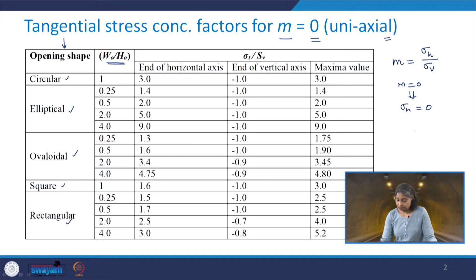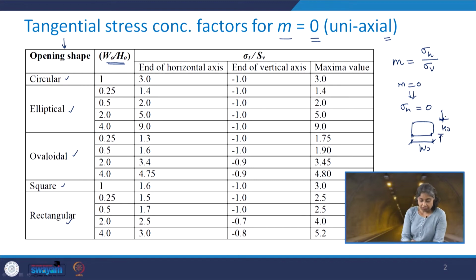Please recall W naught is the width of the opening and H naught is the height of the opening. This is W naught, this is H naught. So, for the elliptical shape, we are considering 4 values of W naught by H naught, which are 0.25, 0.5, 2 and 4.